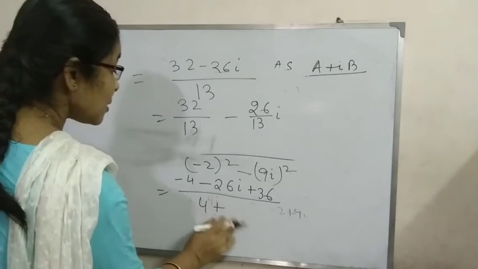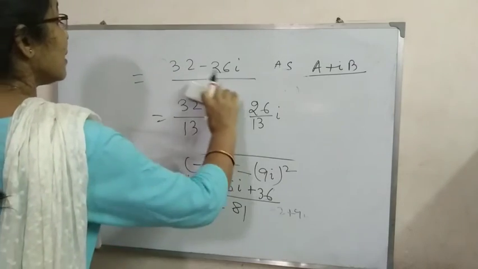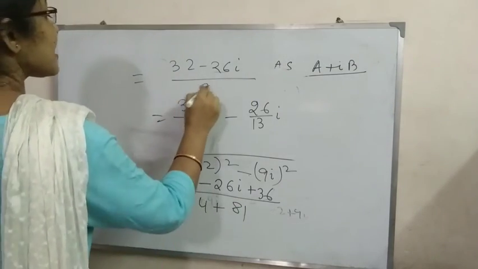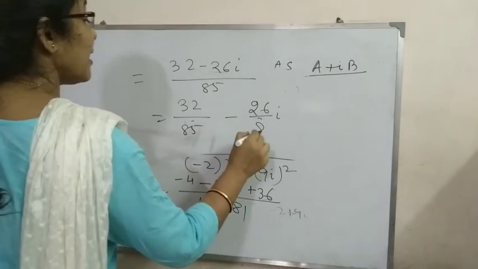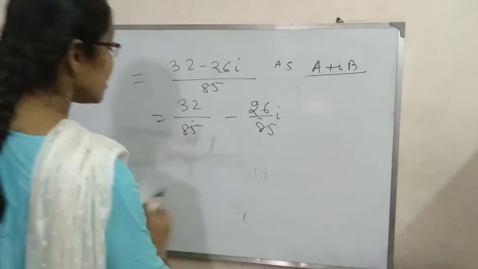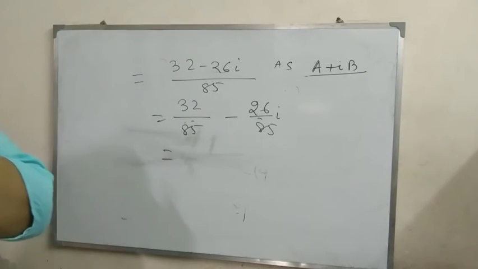Sorry, this is equal to 81. This is 81, that is 85. So this is equal to 32 minus 26i by 85.